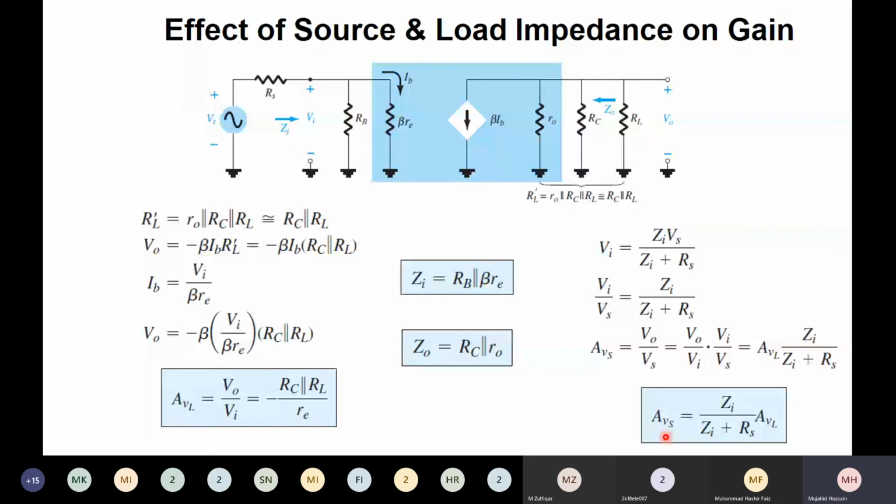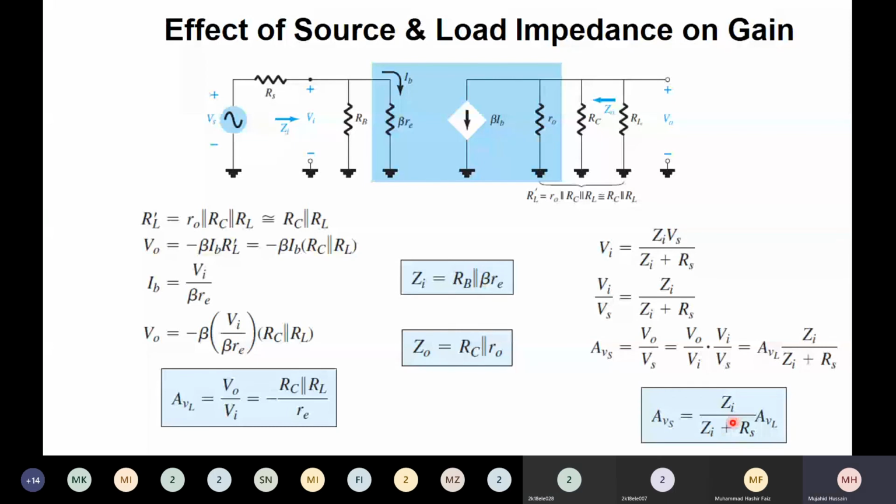As we stated earlier, the overall voltage gain will be less than the loaded voltage gain. It is also proven from this equation, because in the numerator you have only Zin and in the denominator you have something greater than Zin. So this factor will always be less than 1.